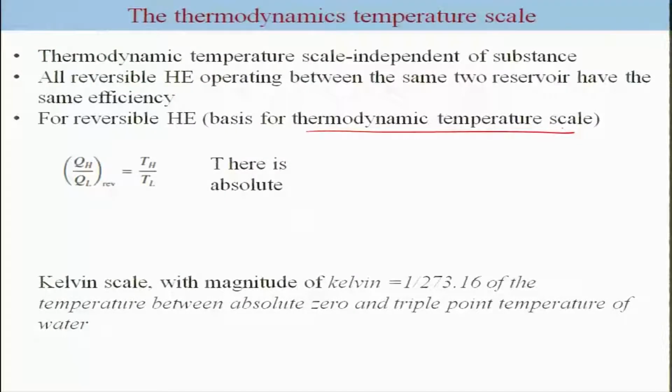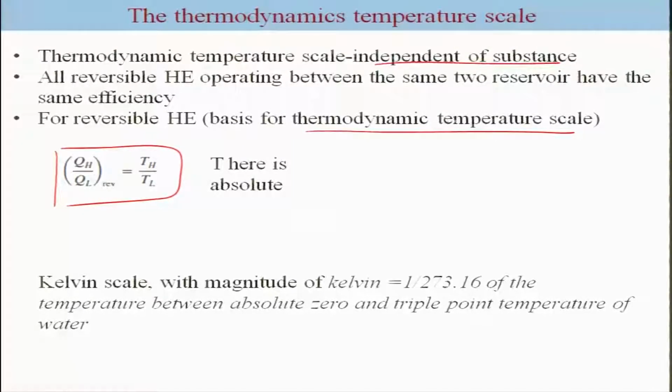Based on the Carnot principle, one can show that the ratio of the heats QH and QL is equivalent to the ratio of the temperatures, where T is absolute temperature. So, the thermodynamic temperature scale is independent of the gas.